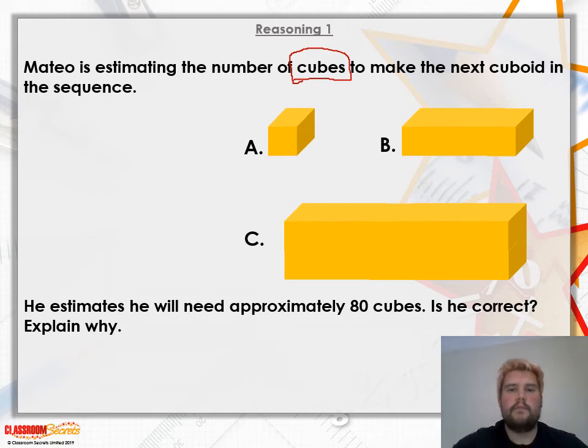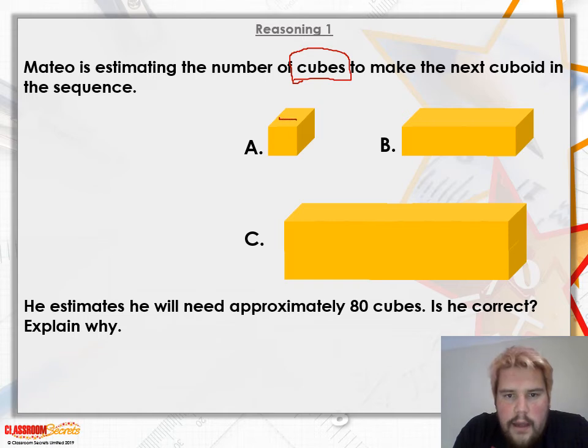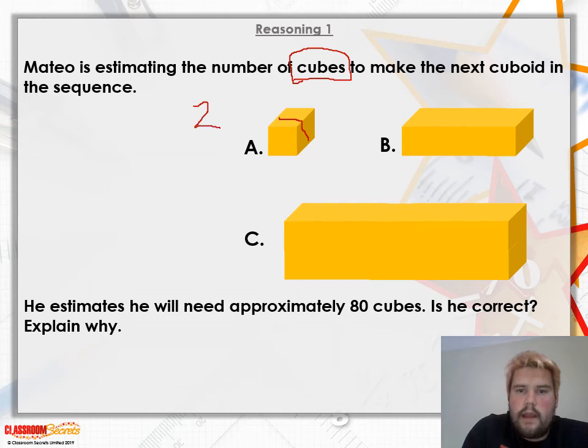Matteo's estimated number of cubes to make the next cuboid in the sequence. Now, we know that A is in fact a cuboid because it's not a cube. So I've put that in half there. So we have 2 cubes that make up A. Now B, I would say, is maybe 3 times as big.